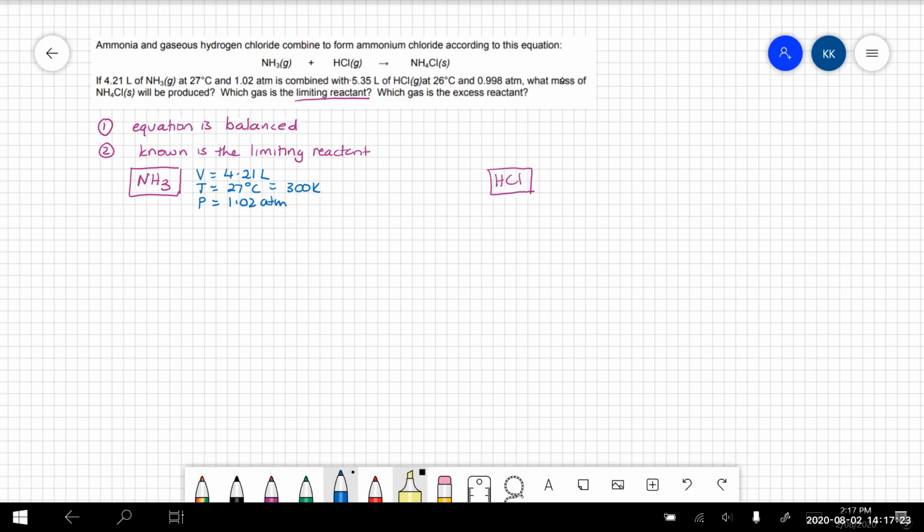Now, either we're going to convert that to kilopascals and use 8.31 for the universal gas constant, or we're going to use 0.08206. I would look it up. I will be converting this to kilopascals. So if I convert that to kilopascals, it's 101 kilopascals. And if I'm using kilopascals and Kelvin and litres, then my gas constant is 8.31.